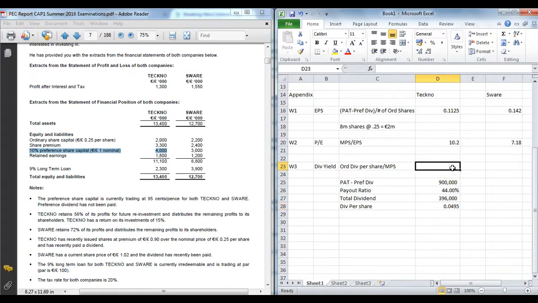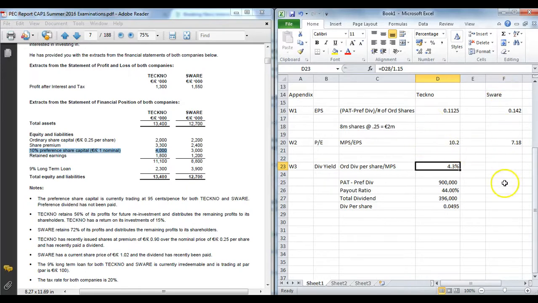So the formula then will be the 4.95 cents divided by the market price per share, which we are told is 1.15. So the answer for dividend yield will be in percentage terms. That means an annual income of dividend from this share will earn about 4.3%. So you can compare that to the annual income you might earn on a bank deposit, for example.